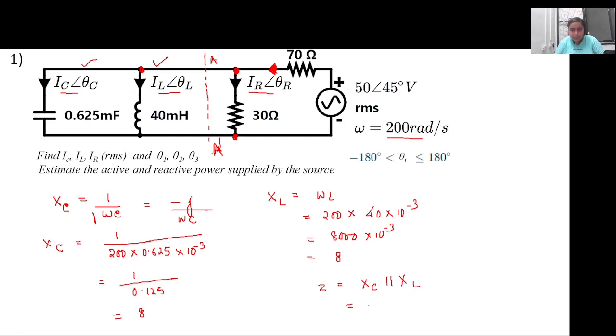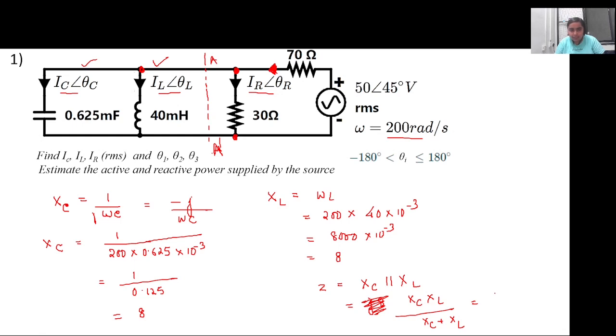Is it right? Yes. XC is minus j into 8. I'll just write it like this: XC XL by XC plus XL, for the parallel branches.